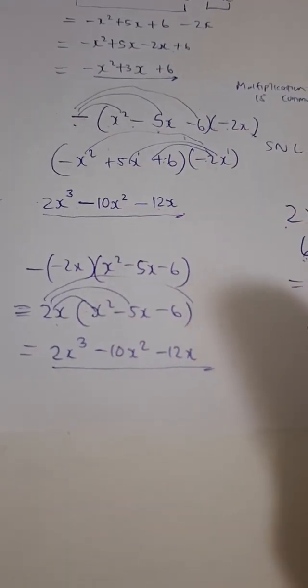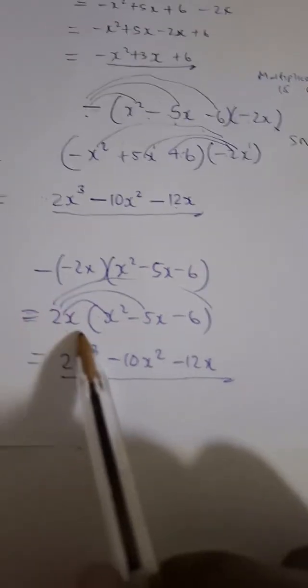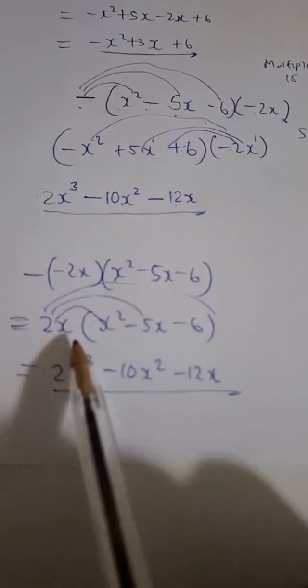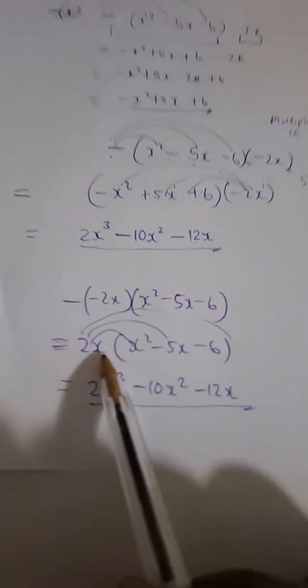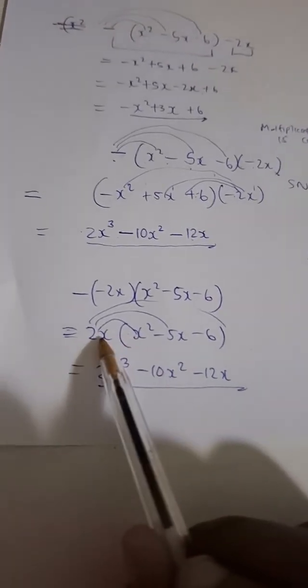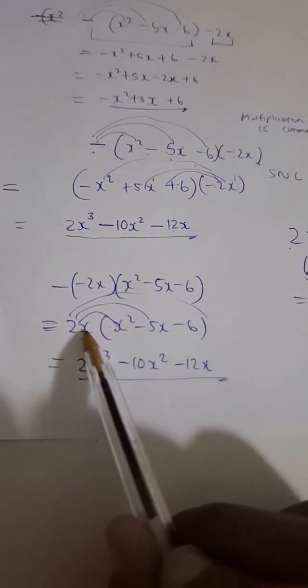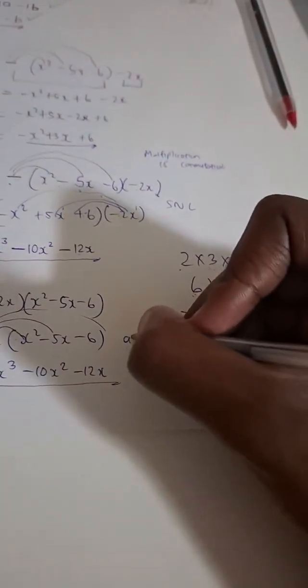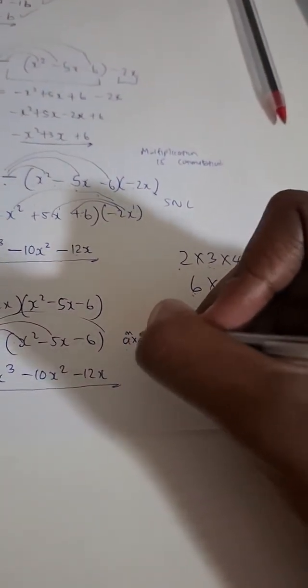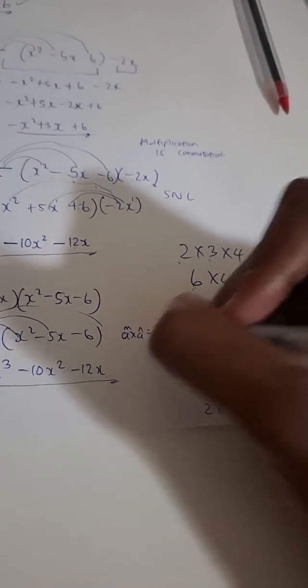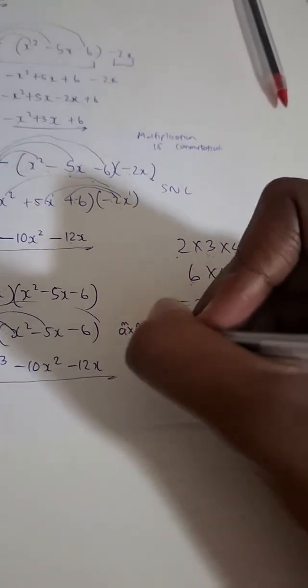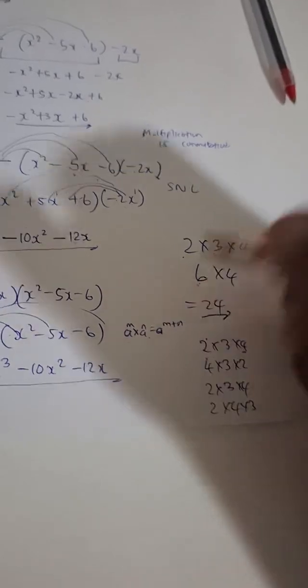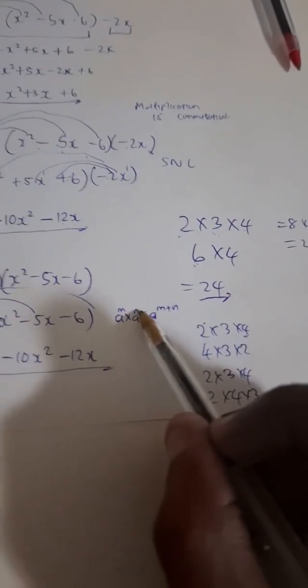Why does it become to the power 3 instead of to the power 2? That has to do with the fact that whenever we are multiplying bases that are the same, the law of exponents says if you are multiplying same bases, you keep that base, which is x, and you add the exponents.